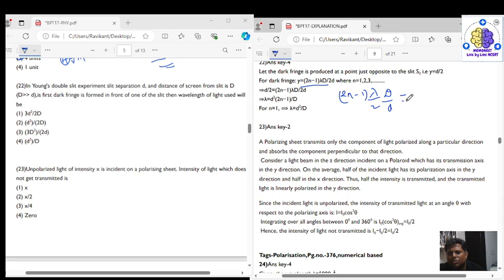That is the position of the first dark fringe. And according to this question, this position is in front of one of the slits. So the distance of one of the slits from the center maxima is d by 2.